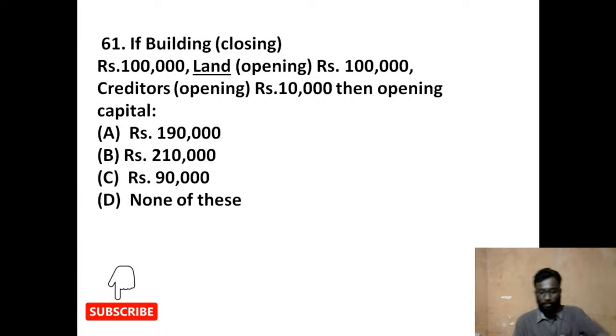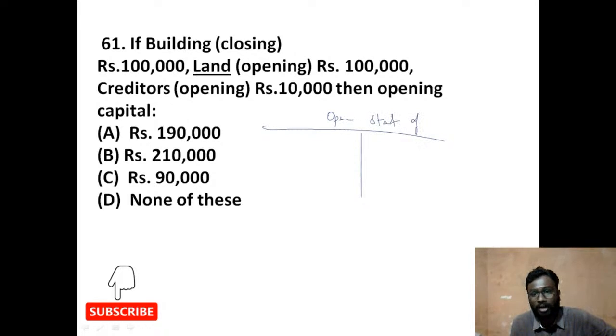So try to understand one more point. If the building closing value is 1 lakh, land opening is 1 lakh, creditors opening is 10,000, then what is the opening capital? Opening capital will be found by preparing the opening statement of affairs. In the opening statement, opening liabilities and opening assets will be considered.